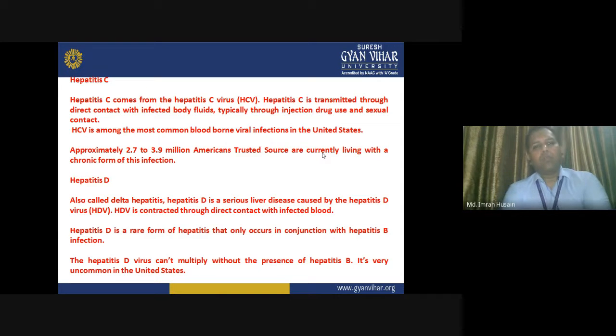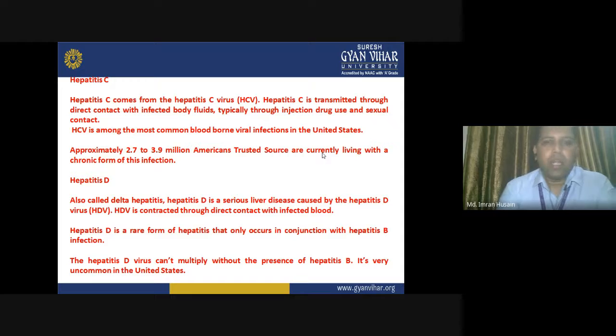Now, coming on to hepatitis C. Hepatitis C comes from the hepatitis C virus, known as HCV. Hepatitis C is transmitted through direct contact with infected body fluids, typically through injection drug use, when many individuals are using only one syringe, and sexual contact.